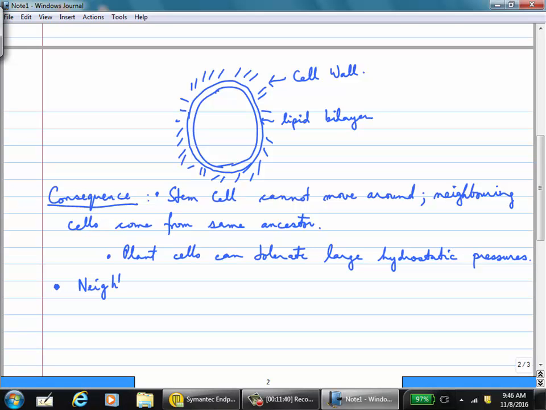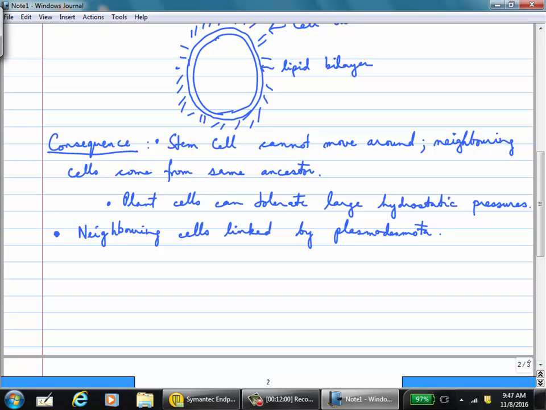So neighboring cells linked by plasmodesmata. If you have two cells that have plasma membranes around them, then they are also linked together.